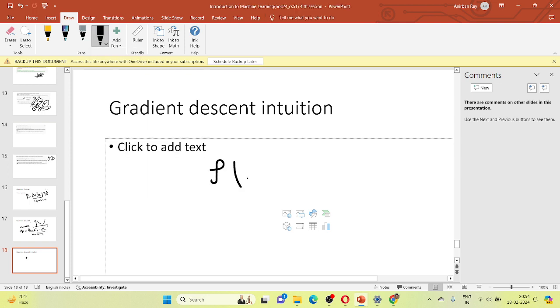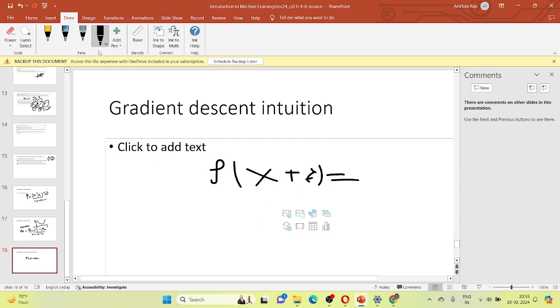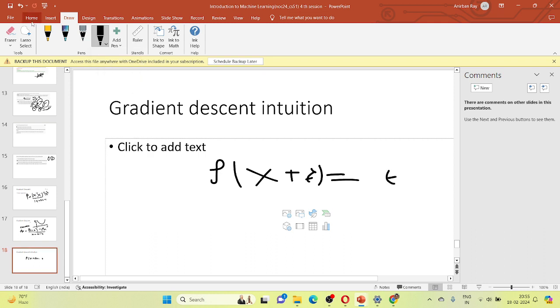f(x plus e), e is a small change here, and it is equal to f(x) plus e times f dash x.